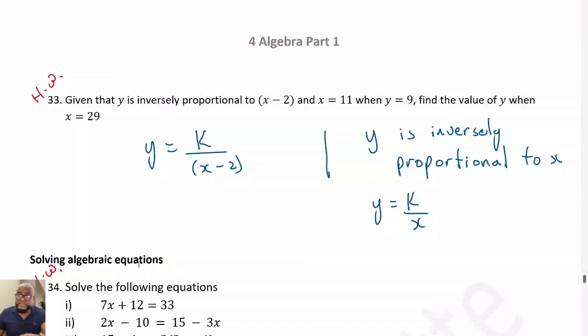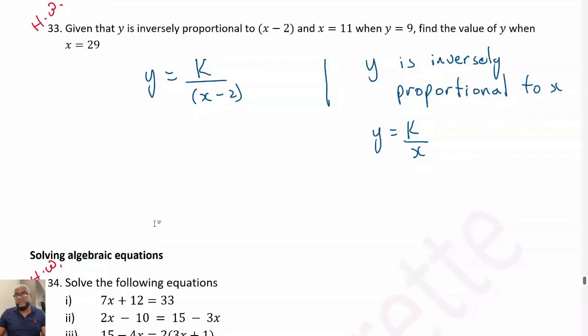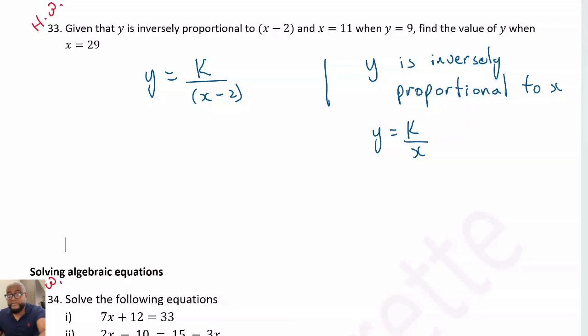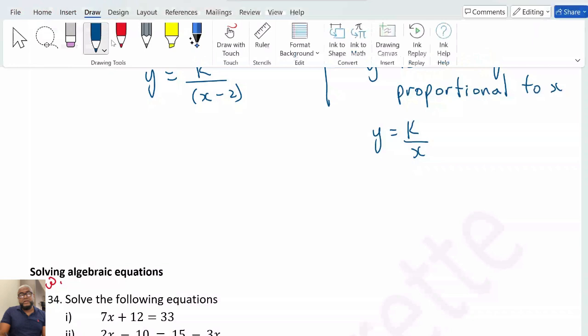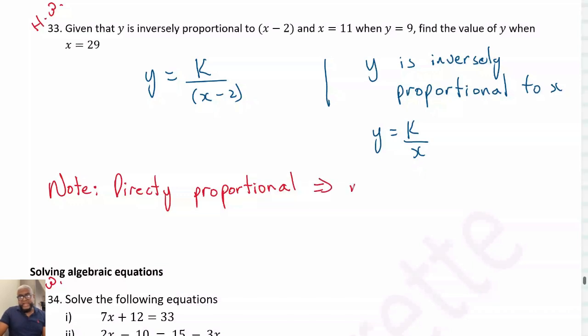Let me write that in red. Everything is above in your notes. Please write it again, because writing things over and over is how things stick in the head. So let me write it. Directly proportional implies multiplication.